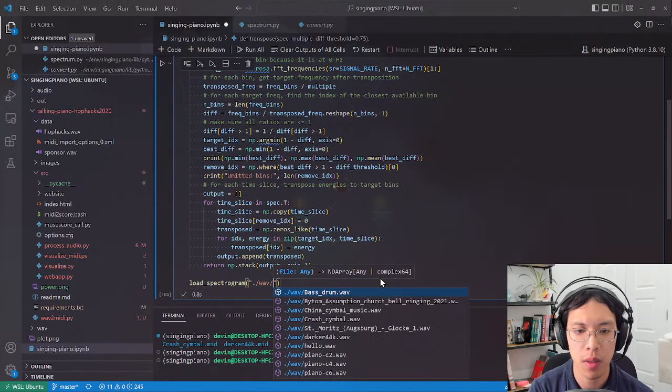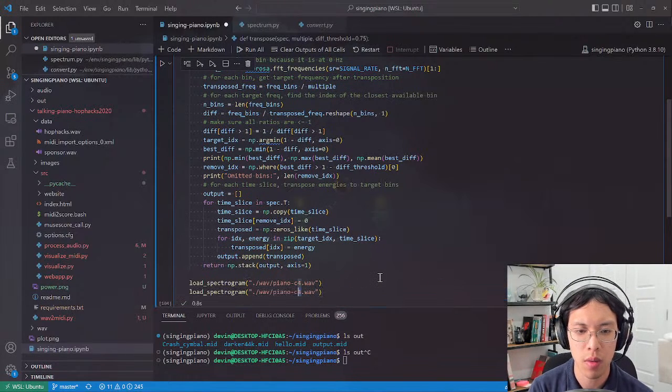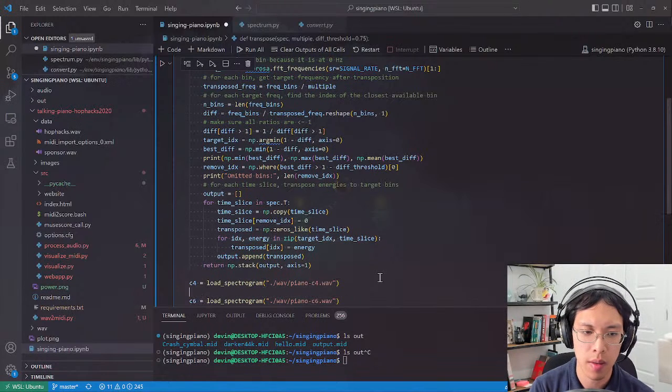Wave, we'll say piano C2. We'll go with the higher ones. We'll start with middle C. We'll also do maybe the high C, and then I will transpose each of these.